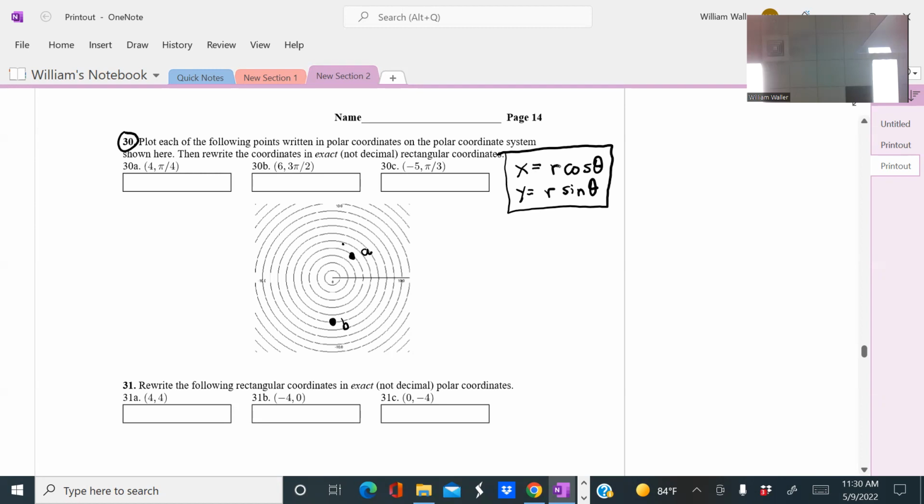But because it's negative 5, you're going to go backwards. So go down this direction. All right. Make sure you're going kind of along the same line as that 60-degree line, but go backwards. 1, 2, 3, 4, 5. So it puts you, instead of up here, it puts you down there. Okay. But still on the same 60-degree line.